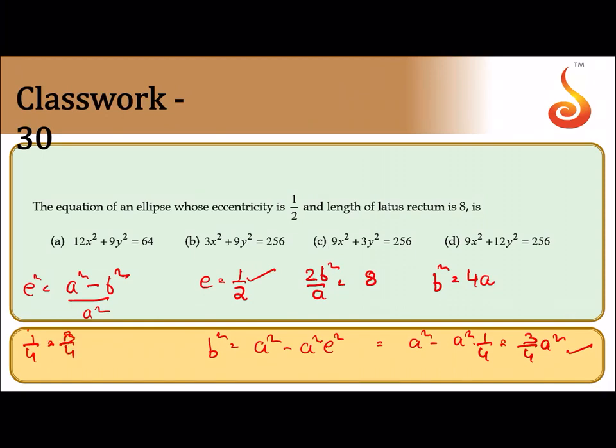So from substituting the value 1 by 4, what is A square? 3 by 4 A square, this is A square minus 3 by 4 A square by A square. This will give you 1 by 4 A square.